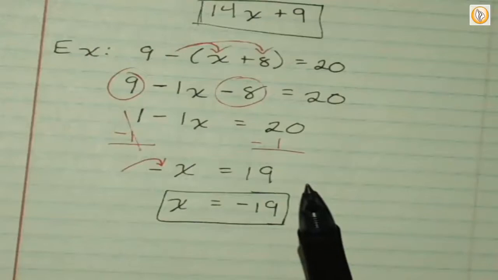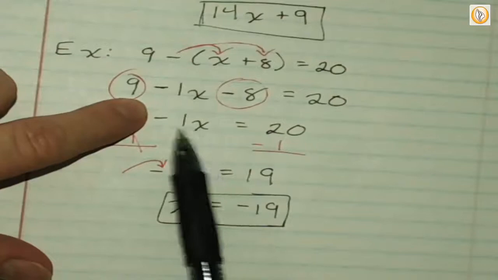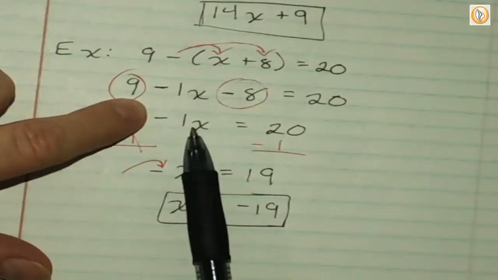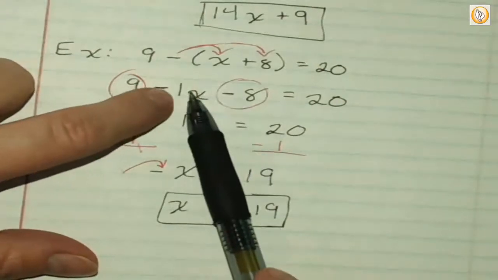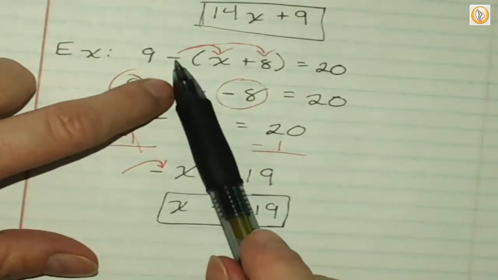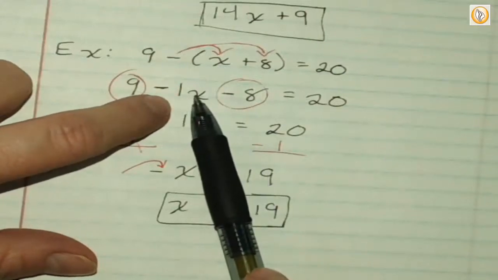Really, this is just negative x. So it's 9 minus x.